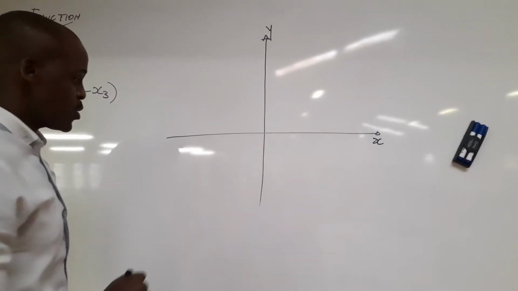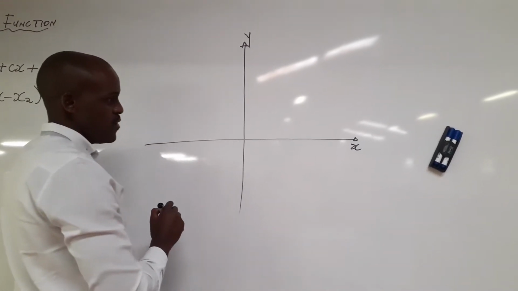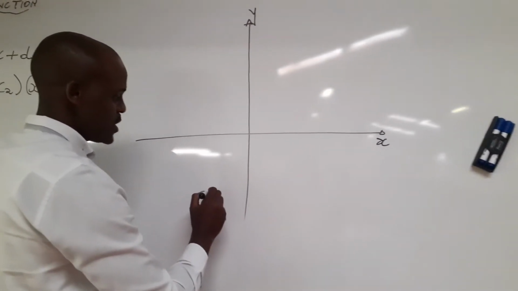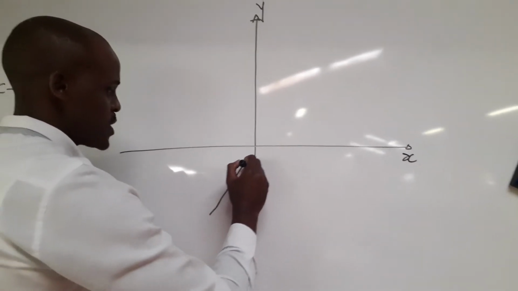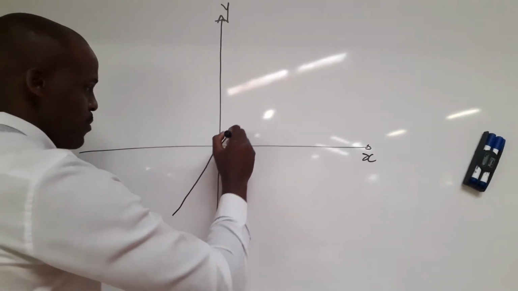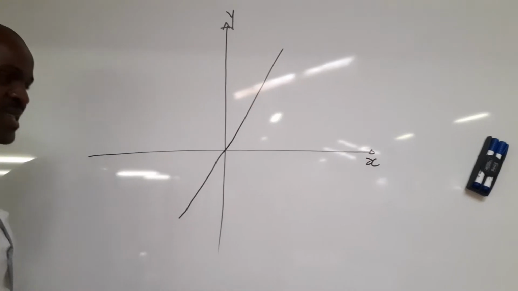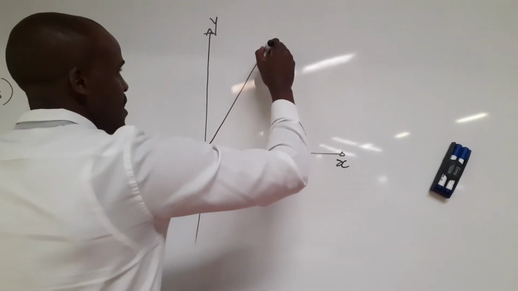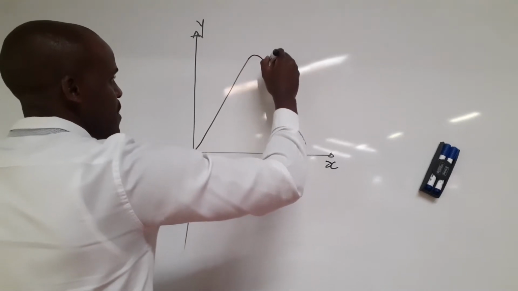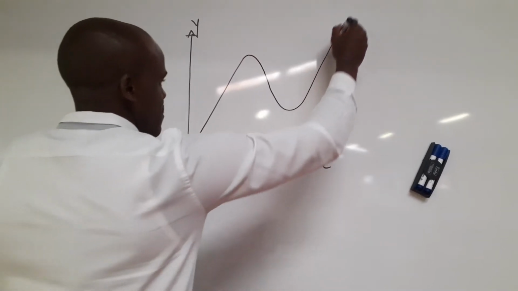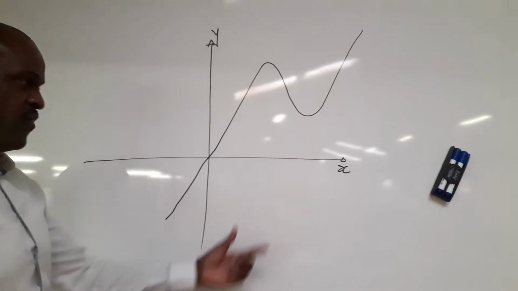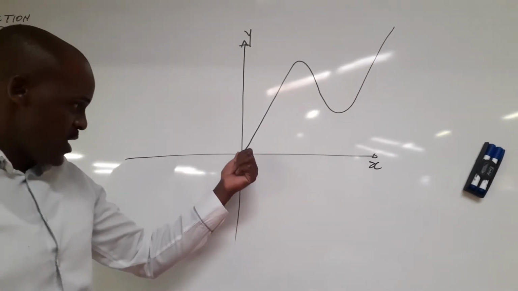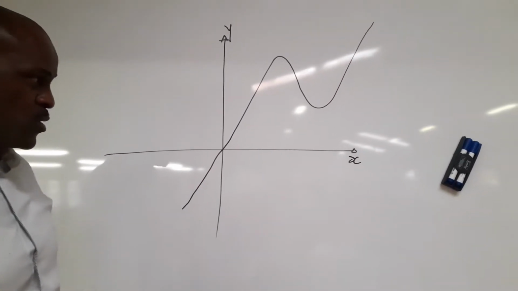X is equal to 0. So in that situation, if your graph is to increase, it would go past where x is equal to 0 up. But that doesn't mean the graph won't have a turning point. You might find it like this, but it doesn't touch the x-axis. It only touches the x-axis where x is equal to 0.